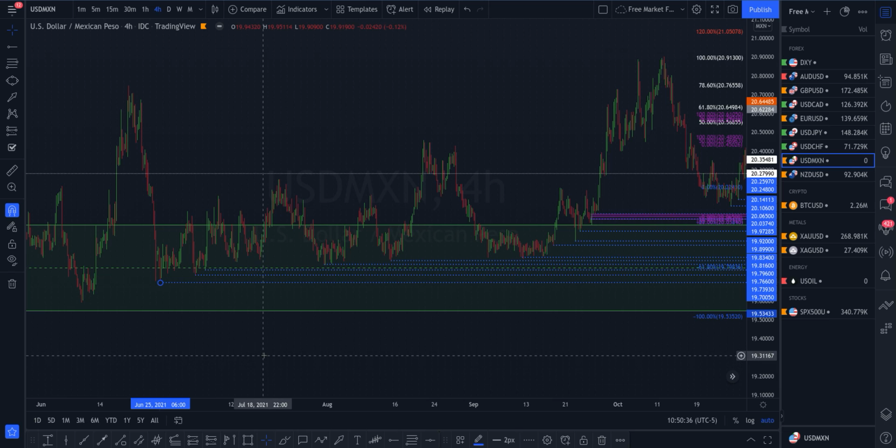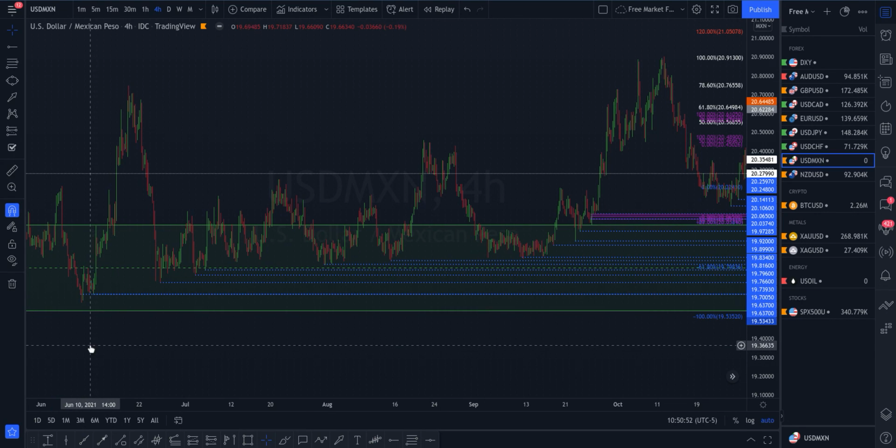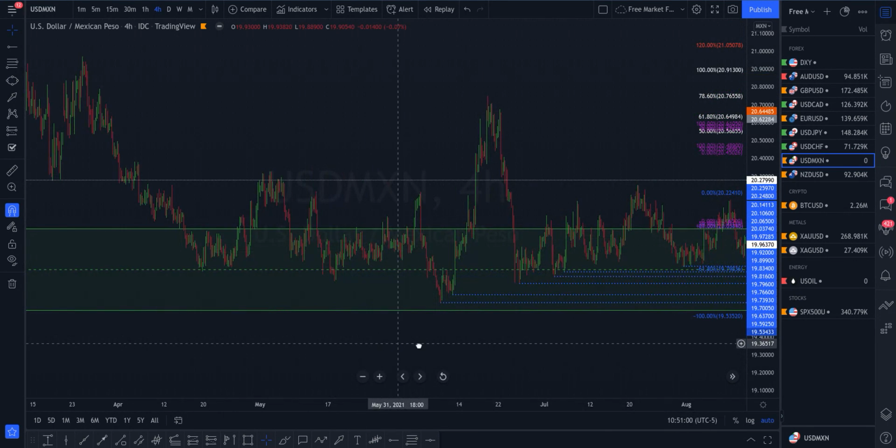Now you'll get to a point where you can't take any more, just because of the lot size that you enter the trade with. One of the things that I do is move my stop loss into profit. Okay.